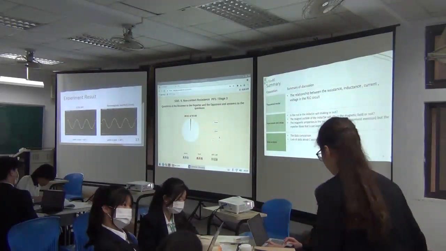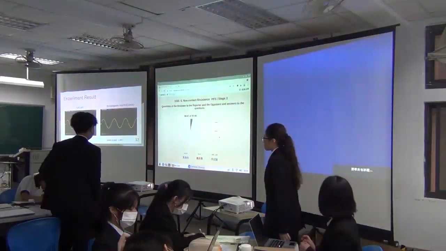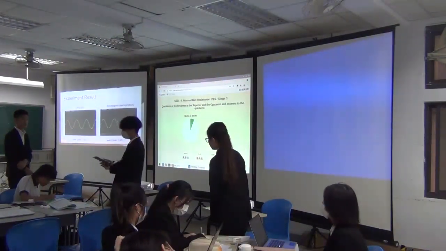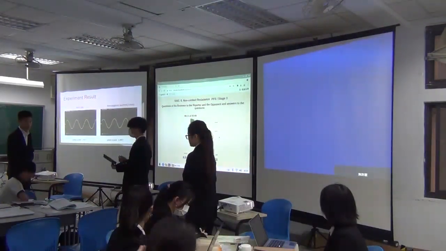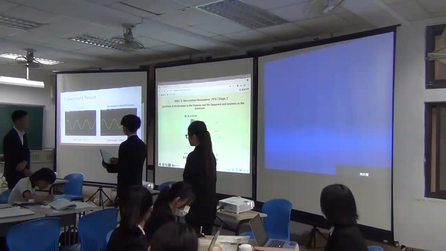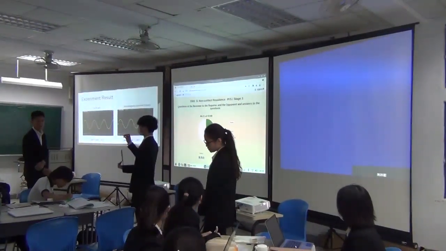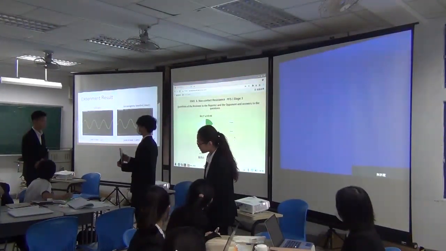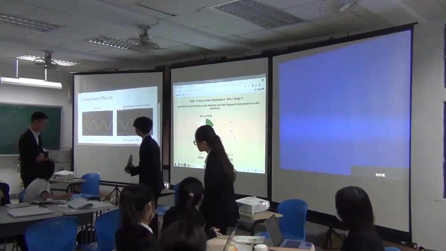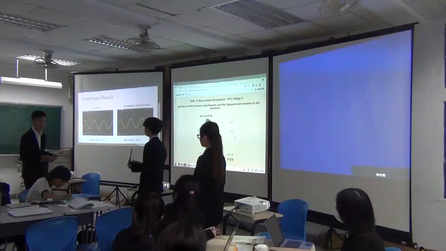Reviewer, please ask questions. Okay, so I want to ask the reporter, how did you measure the radius? The radius of what? Of the magnet? You mean the inductance of the coil part? So basically, it is a real item in reality, so we can just measure it with a ruler.